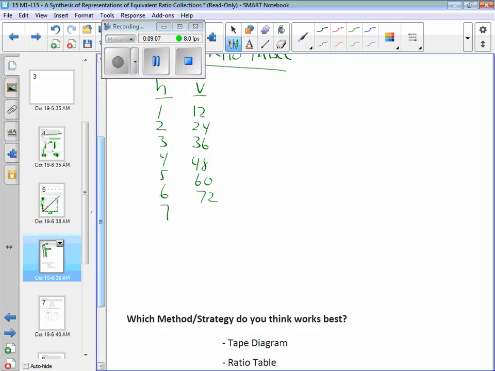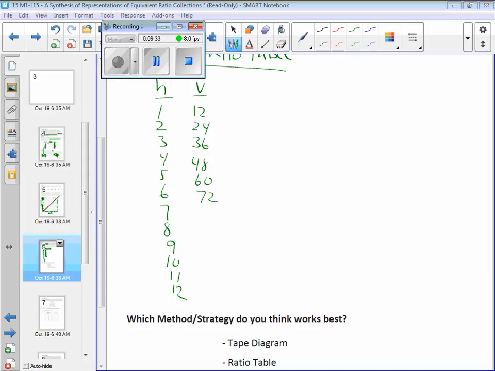I'm going to continue the ratio table all the way to 12. So we kind of do have to do this. 7 times 12. How many of you need to get caught up? All right, I'll pause. Get caught up.